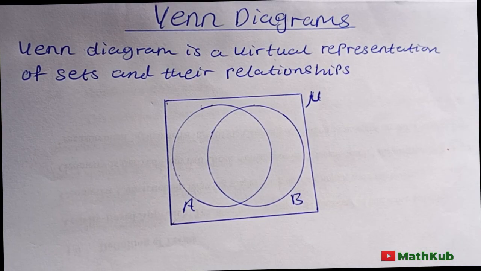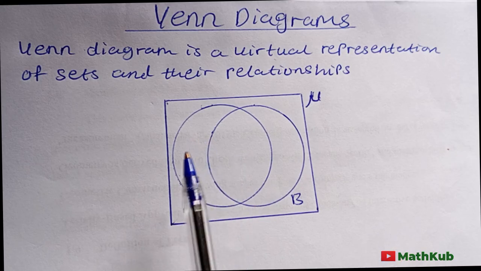Now, the Venn diagrams. A Venn diagram is a visual representation of sets and their relationships. This is called a Venn diagram.